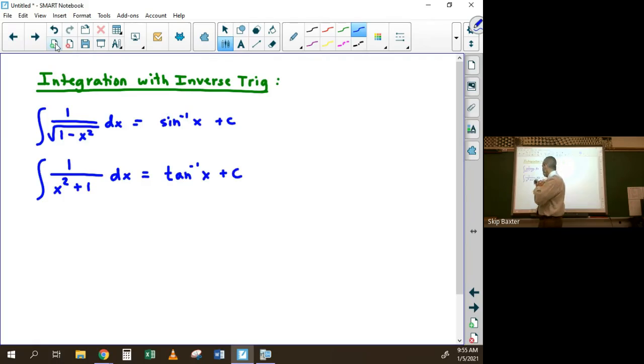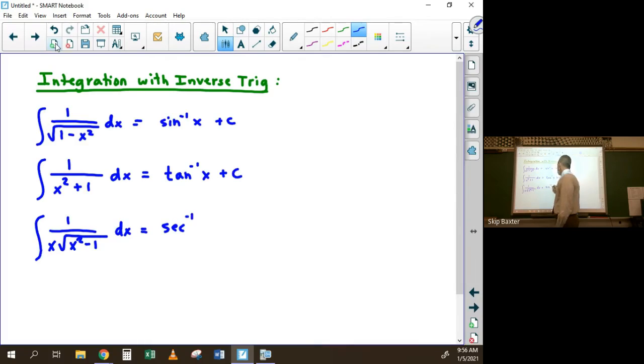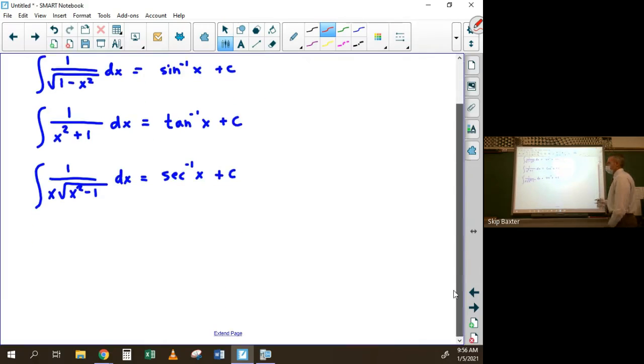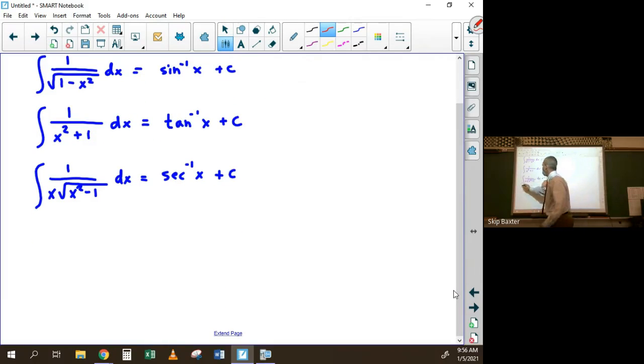But anyway, the last one is the integral of 1 over x radical x squared minus 1, which is secant inverse. And sometimes you have to do a little bit of algebra manipulation to get one of these forms.